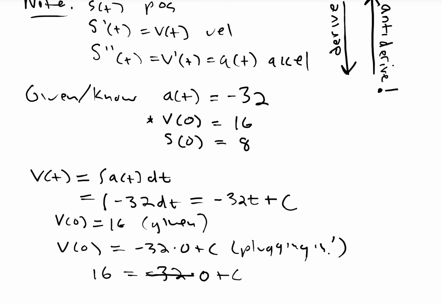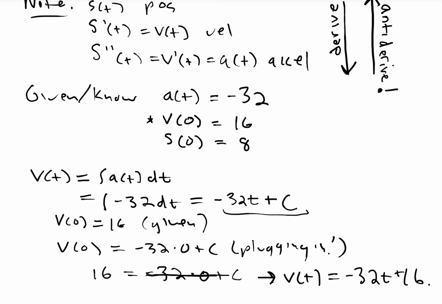This gives me an obvious value for c that I can go ahead and use in my original velocity equation, right? Velocity, v of t, up here we said was minus 32t plus c. Well, we've got a value for c right now. This gives me a function of minus 32t plus 16.